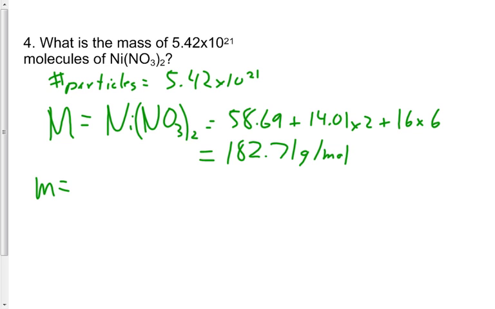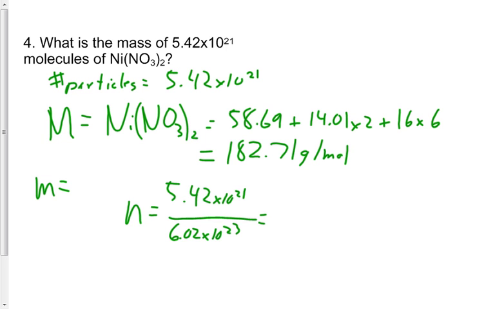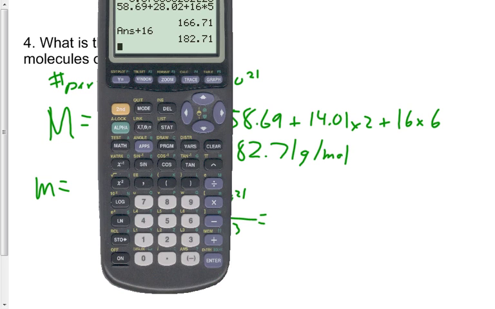So, to get n, I'm going to take the number of particles, 5.42 times 10 to the 21, over 6.02 times 10 to the 23. All right, so in brackets 5.42 E21 divided by 6.02 E23.